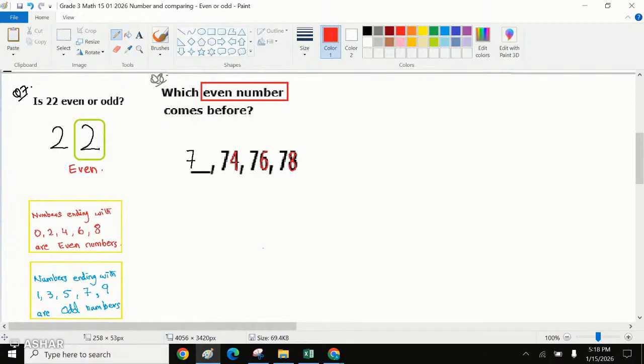And for a number to be even, it has to end with 0, 2, 4, 6, or 8. So if your answer is correct, 72.